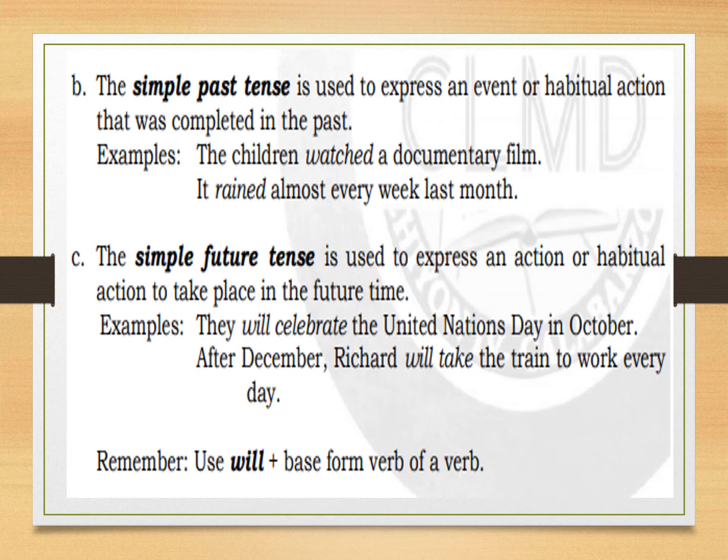Examples: they will celebrate the United Nations Day in October. And after December, Richard will take the train to work every day. Use will plus base form of the verb to form the simple future tense.